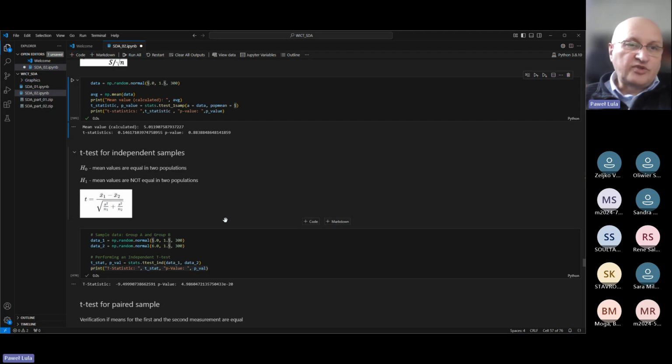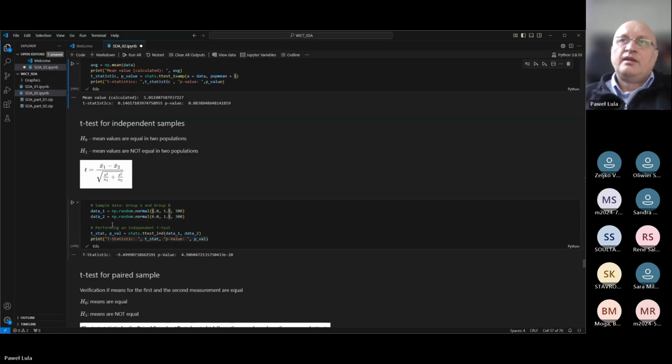And we want to say if these two values in the whole populations are equal or not. For example, a sample data from Croatia is here.